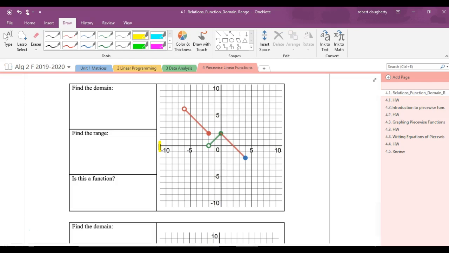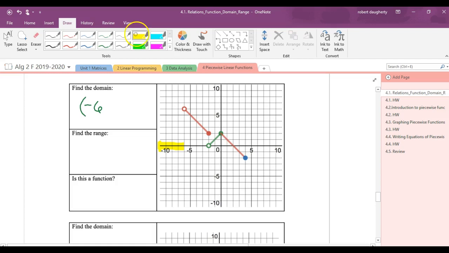I travel from left to right. I don't see any values until I get to -6. Is -6 included or not included? It's not included because of this open circle here. So that's where my domain starts, at -6.